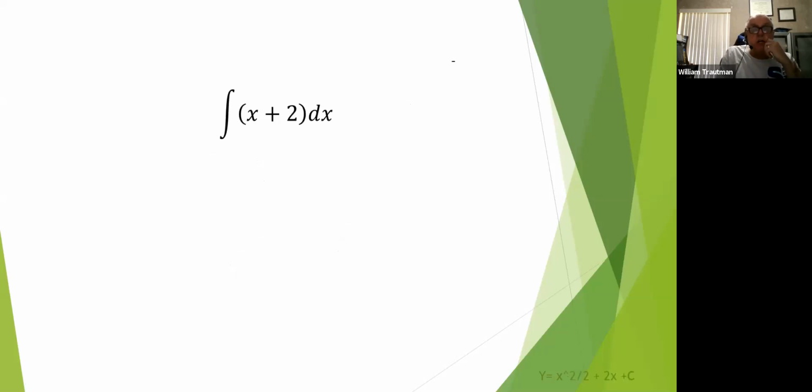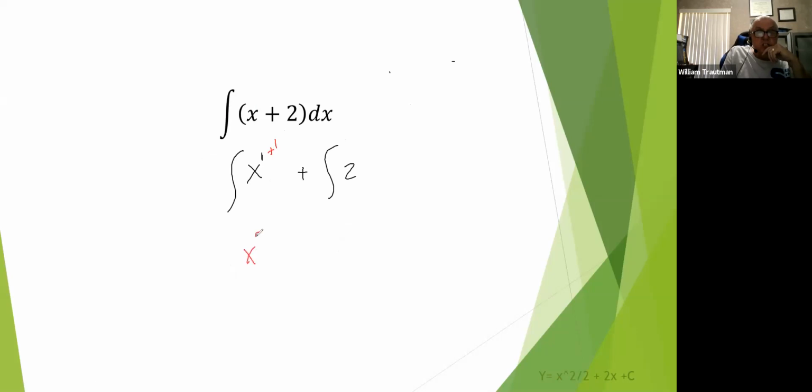All right, here, when we have 2 terms, you can integrate x. My integration symbols confuse people sometimes. And you can integrate 2. So you can do 2 integrations. Don't forget, x is x to the 1. So to integrate this, I have to add 1.